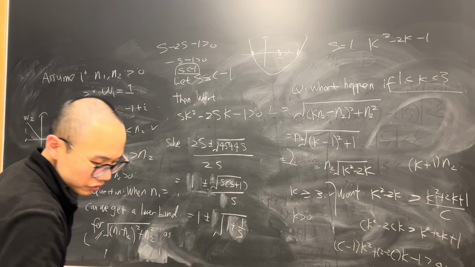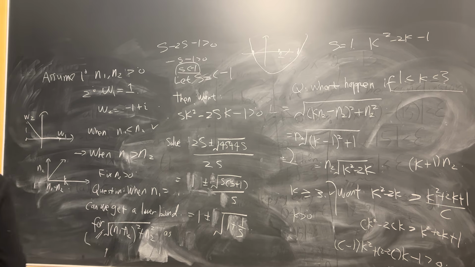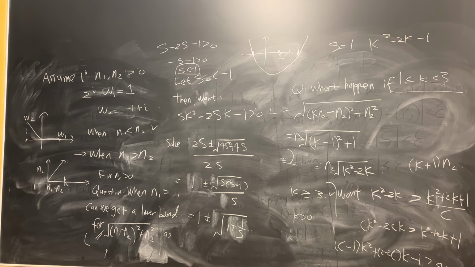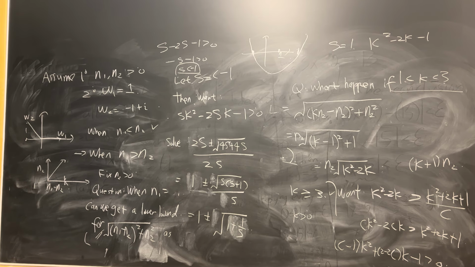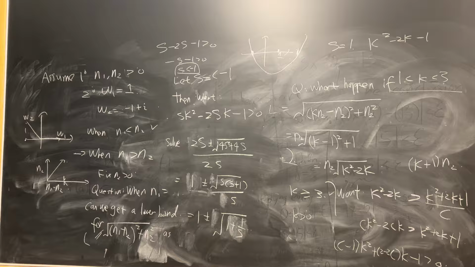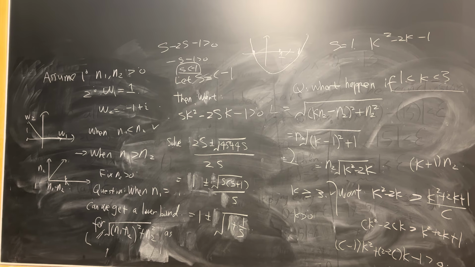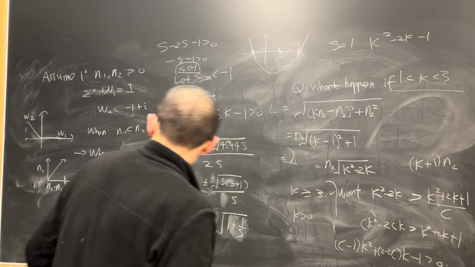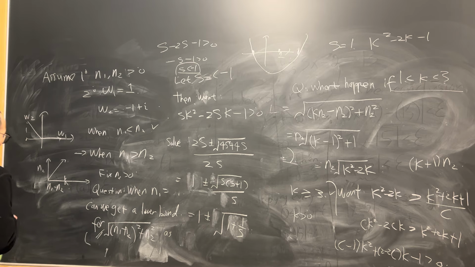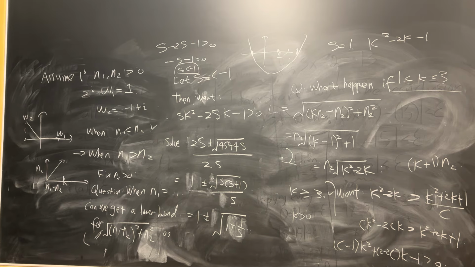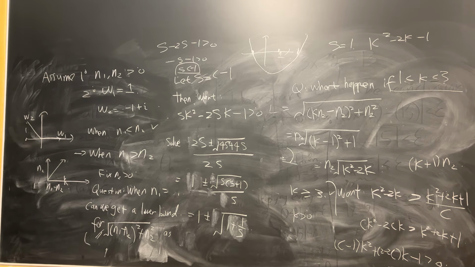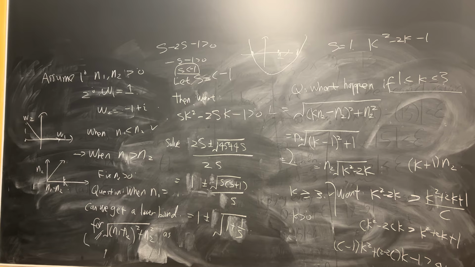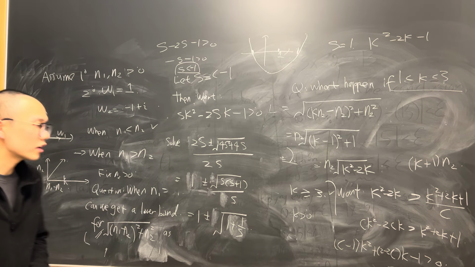What does it really mean if this k is between 1 and 3? Apparently when k is equal to 1, this N1 plus N2 is really small, right? Okay, let's try that.